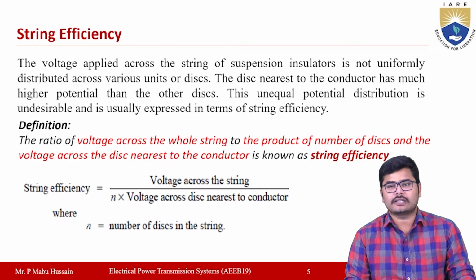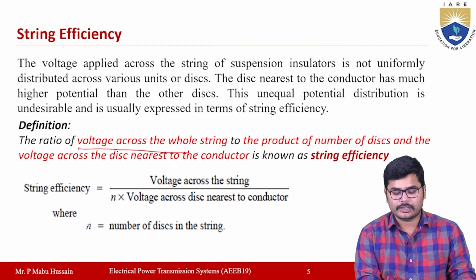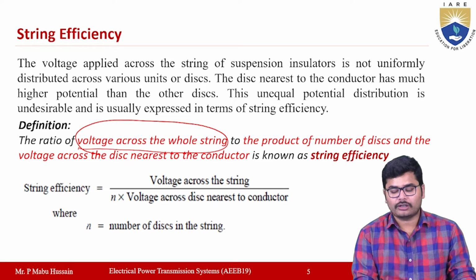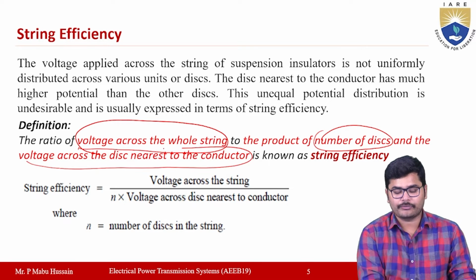Then string efficiency. String efficiency is the ratio of the voltage across the whole string to the product of the number of discs and the voltage across the disc nearest to the conductor.